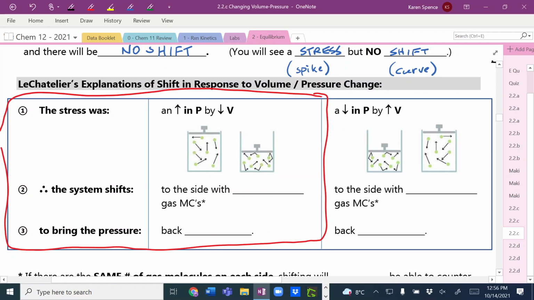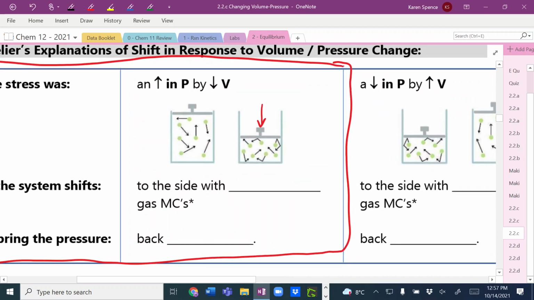So if the stress was an increase in pressure by decreasing volume, and we're showing that here, we squished it, yes? And by squishing it, you can see now those particles are bashing into the container more often.